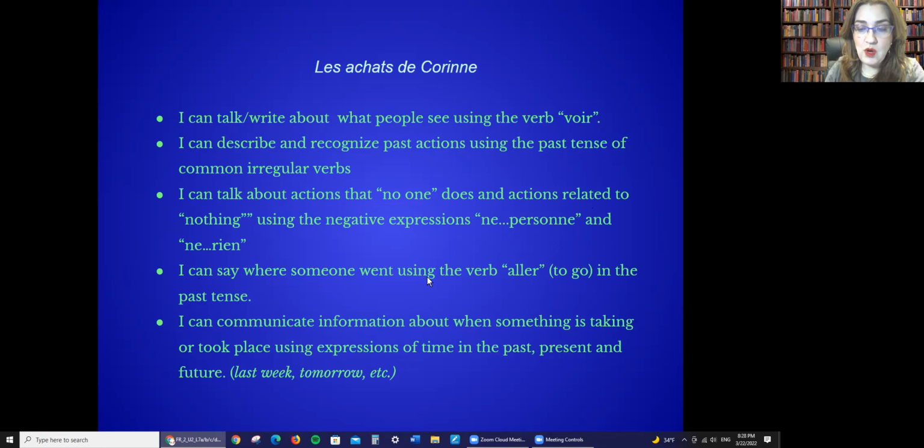I can say where someone went by using the verb aller, to go, in the passé composé, which is the past tense. I can communicate information about when something is taking or took place using expressions of time in the past, present, and future.